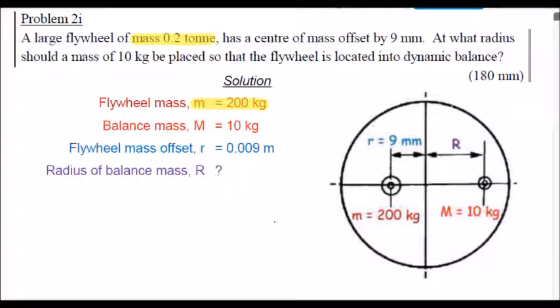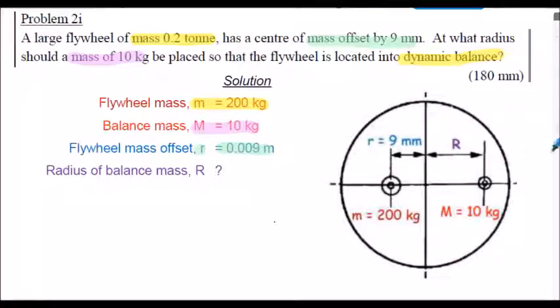The centre of mass is offset by 9 millimeters, and again, be very careful with the units here. I've put my offset straight into meters. What radius should a 10 kilogram mass be placed at? We're given a 10 kilogram mass to balance it if the flywheel is in dynamic balance.